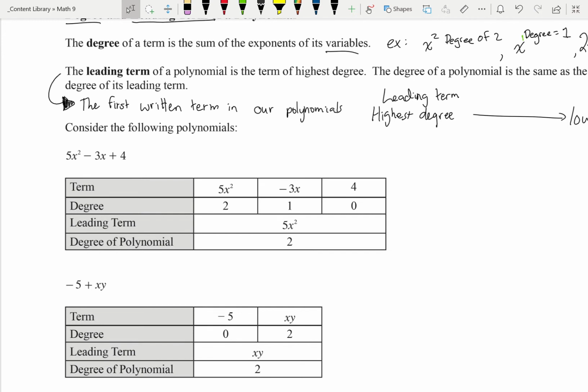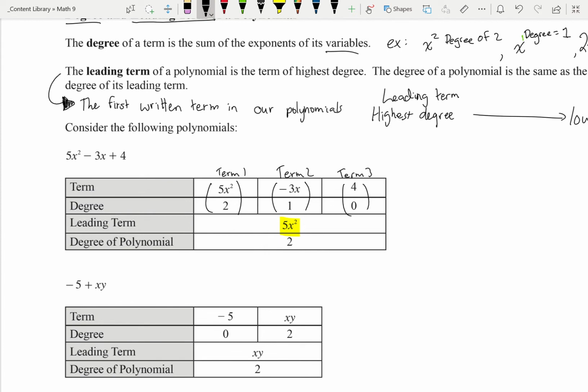So I have 3 terms: term 1, term 2, and term 3. The degree of each of them, I'm going to look at each one separately. So 5x squared has a degree of 2, negative 3x has a degree of 1, and 4 has a degree of 0. So the leading term, the one that I want to put first, is 5x squared.